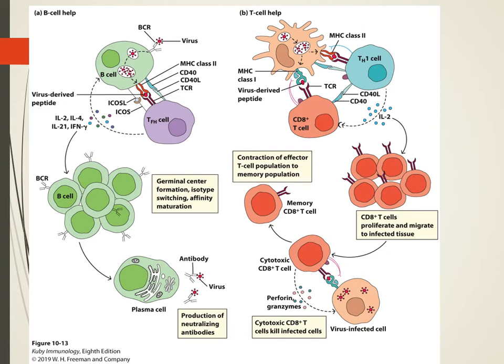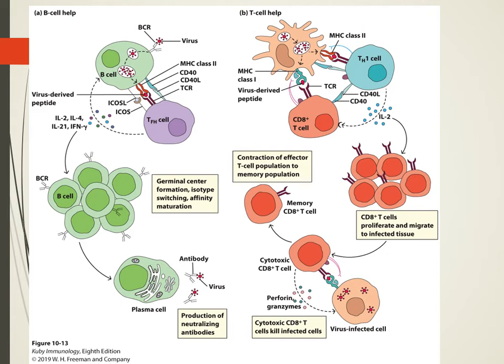Okay. We can also have T cells helping other T cells, and so you can see here how we have our Th1 cell, and so it's interacting with the antigen presenting cell, but it also can help to stimulate the CD8 T cell.